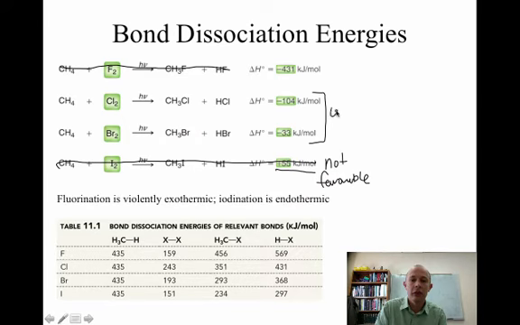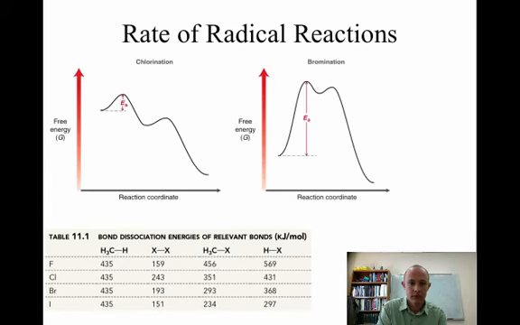So the only useful halogenation reactions are going to be chlorination and bromination. So let's focus on those. Okay, so if we look at the two propagation steps in a radical halogenation, remember the first step is going to be CH abstraction by a halogen.